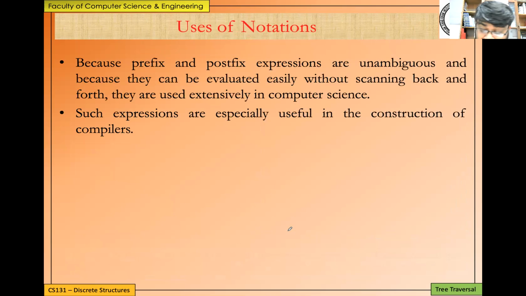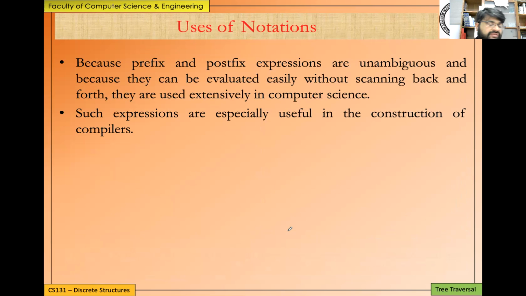So where are these notations used? Because prefix and postfix expressions are unambiguous, and because they can be evaluated easily without scanning back and forth, they are used extensively in computer science. However, they are hard for a human to understand directly, and a human understands the infix expression much better. The prefix and postfix expressions are especially useful in the construction of compilers.